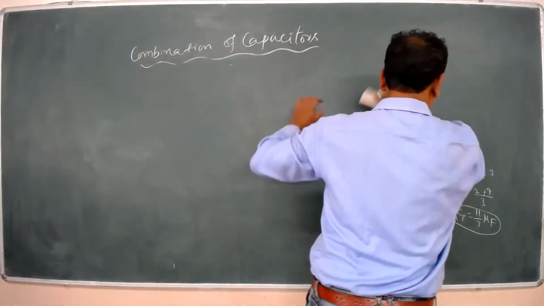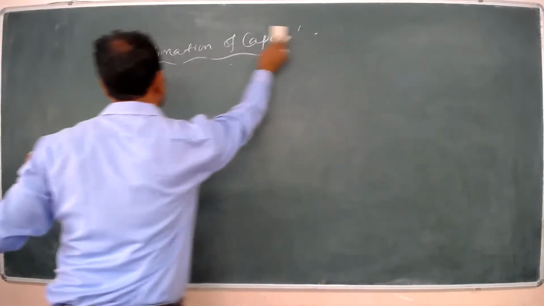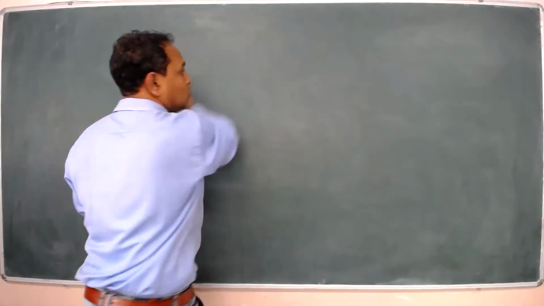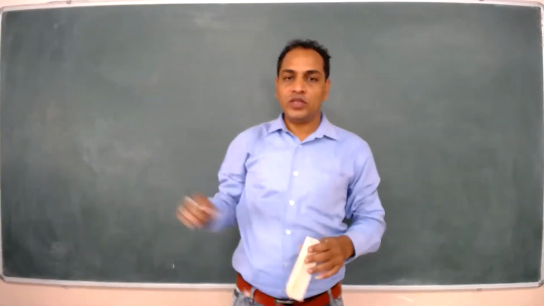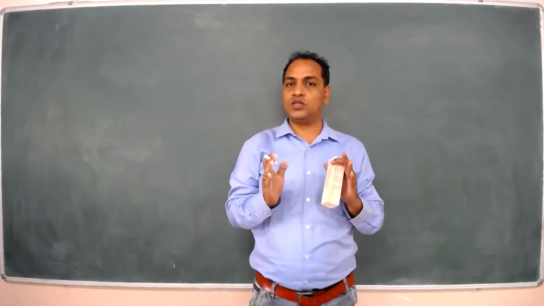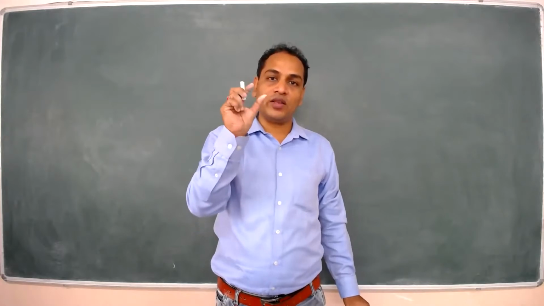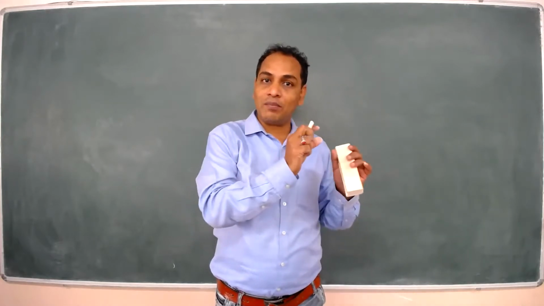Now let us discuss the next topic. In a similar manner, whenever a complicated circuit is given, first we have to identify which two are in series or which two are in parallel.